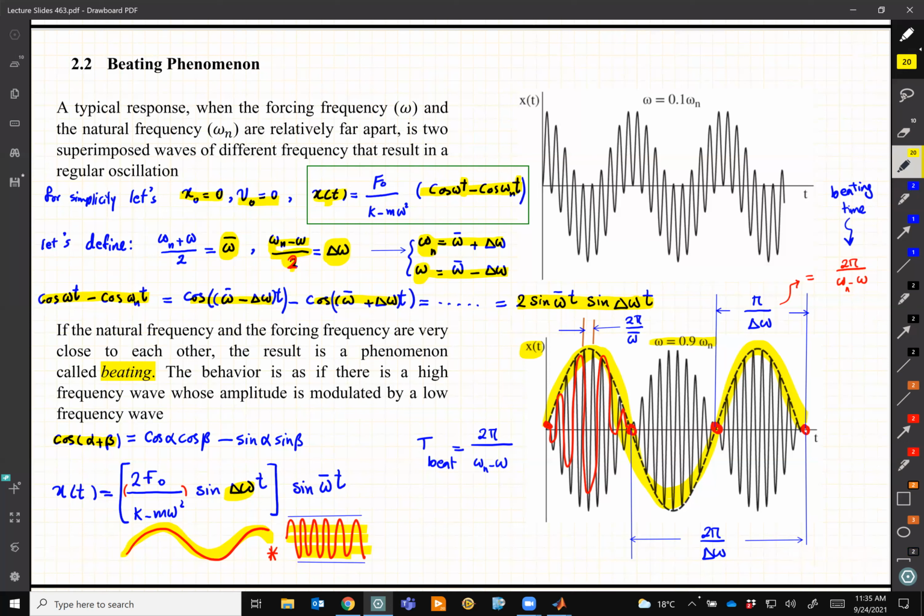And I got to this form because I wanted to have two sinusoidal or cosine functions multiplying each other. So I concluded that the result when I have beating is two functions being multiplied by each other. This a slow frequency one, right? And this high frequency one. We multiply them and we get to this beating phenomenon.